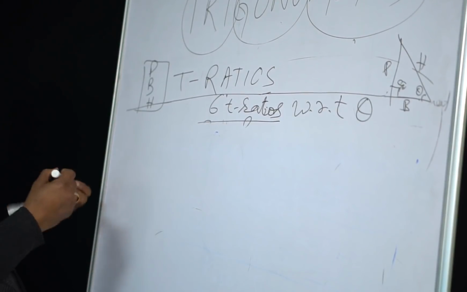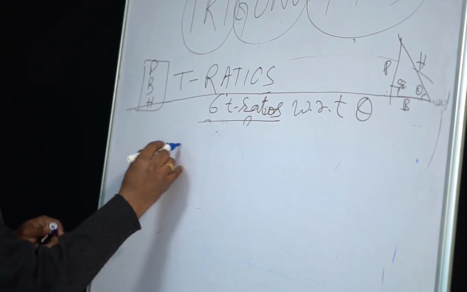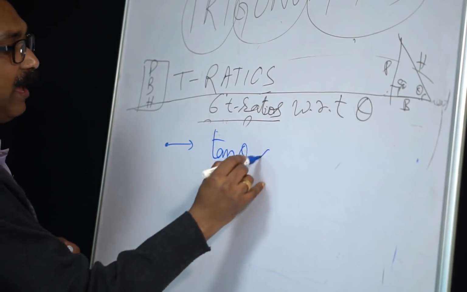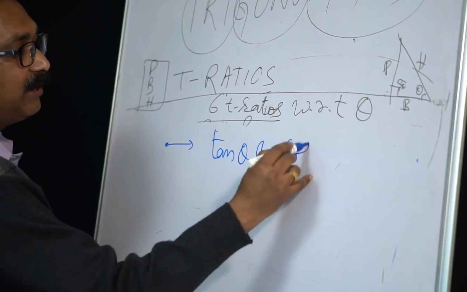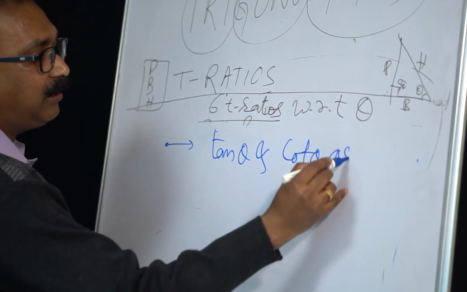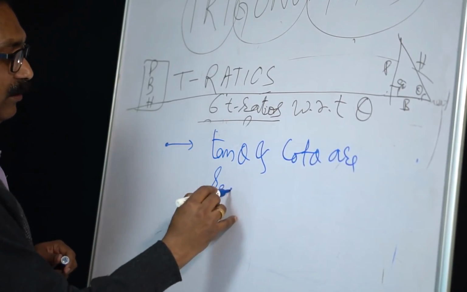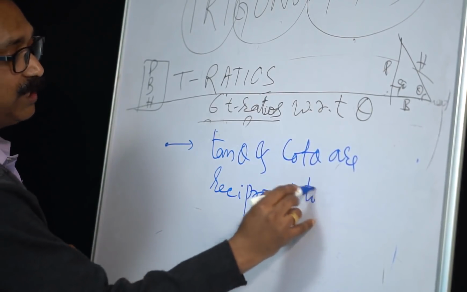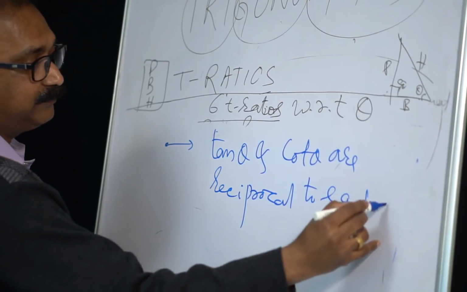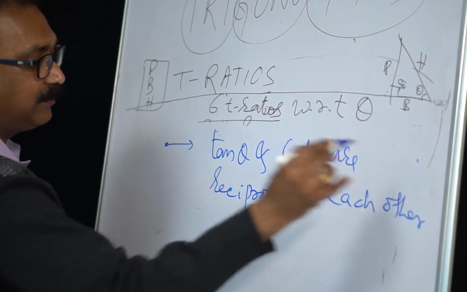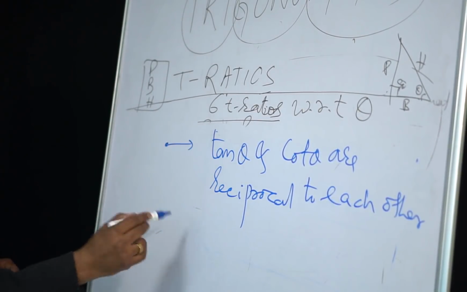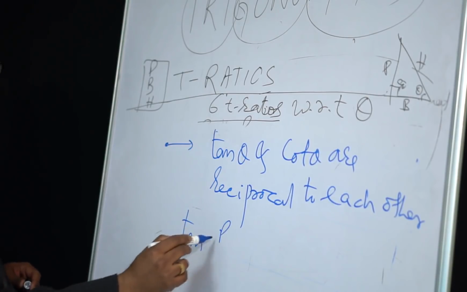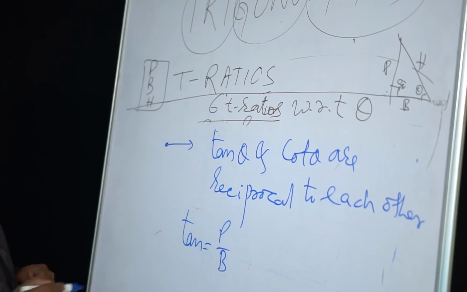The third bullet point is that tan theta and cot theta are reciprocal to each other. Clear? So if it is that, you already know tan theta is perpendicular by base.